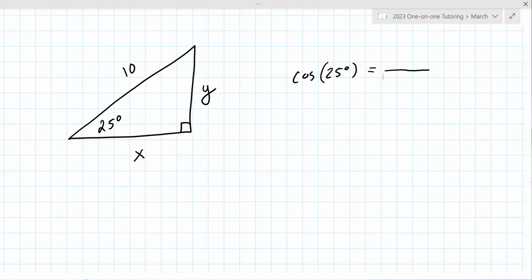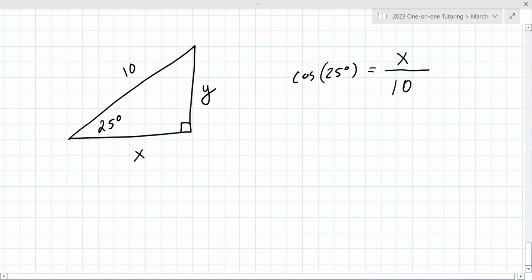Cosine refers to adjacent over hypotenuse. So what is the adjacent? It is not Y, it's X, over 10.